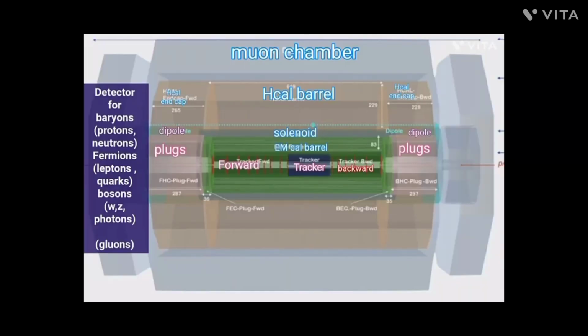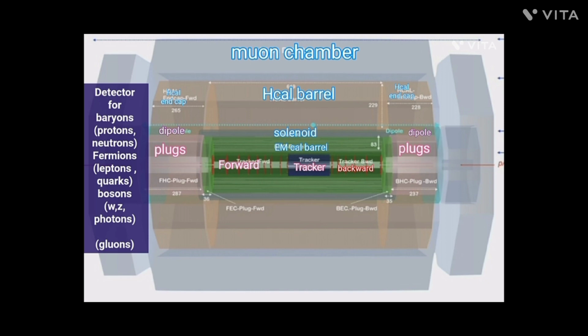Now, all the particles, whether they are baryons like protons, neutrons, or fermions like leptons, quarks, or bosons like W and Z bosons, photons, gluons, they all get birth in the detection system.